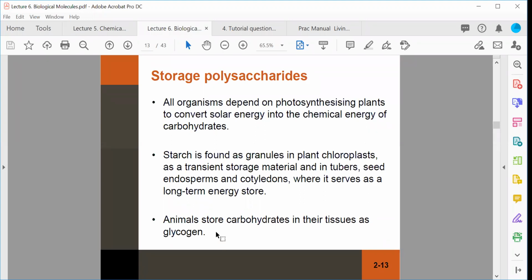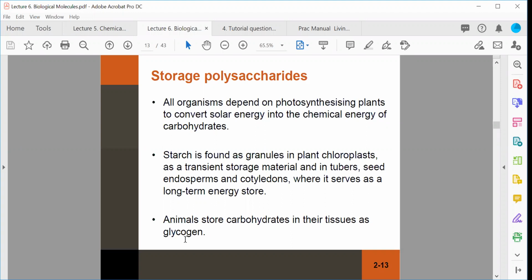Now, one thing to note is that starch is made of glucose. Once again, glucose monomers joined together, just like cellulose. Glycogen is also made of glucose monomers joined together, but in a different way to starch and in a different way to cellulose.